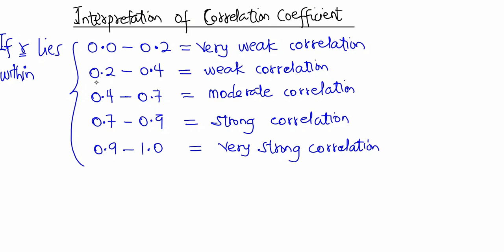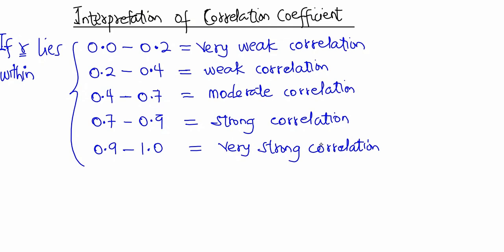If our R lies within 0.2 to 0.4, it is a weak correlation. If R lies within 0.4 to 0.7, it's a moderate correlation. If it lies between 0.7 to 0.9, a strong correlation. If it lies within 0.9 to 1.0, it can be termed as a very strong correlation.